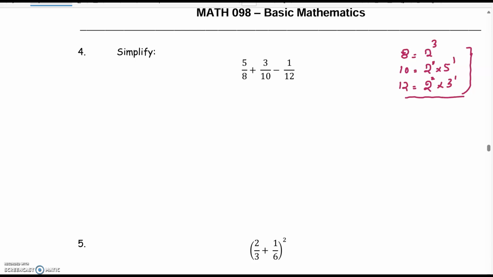At the end, what do we do? We pick the largest of the 2's, which is 2 cubed. And we pick the largest of the 3's, which is a 3 to the 1, and pick the largest of the 5's, which is 5 to the 1. So that's 2 times 2 times 2 times 3 times 5.